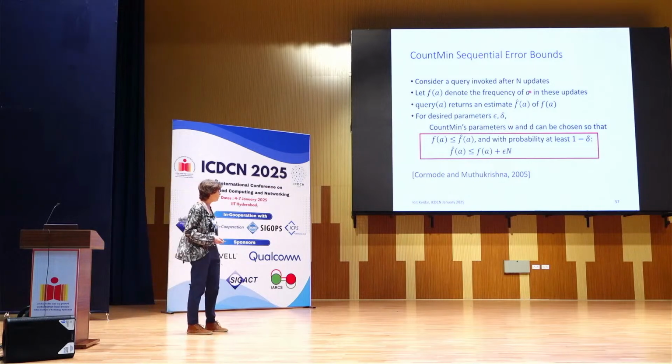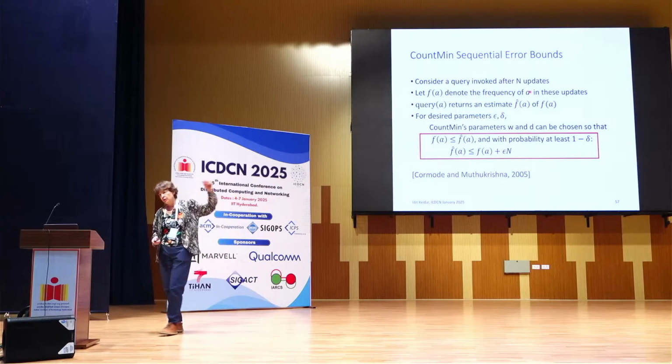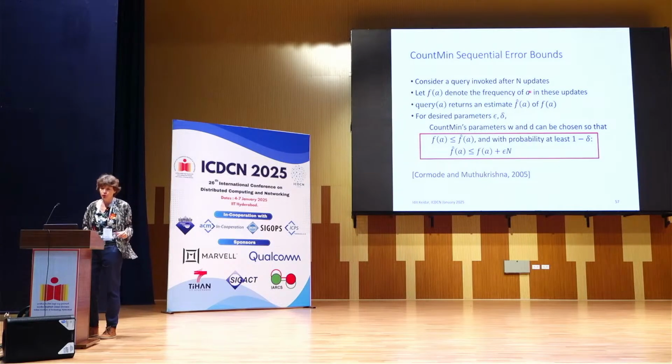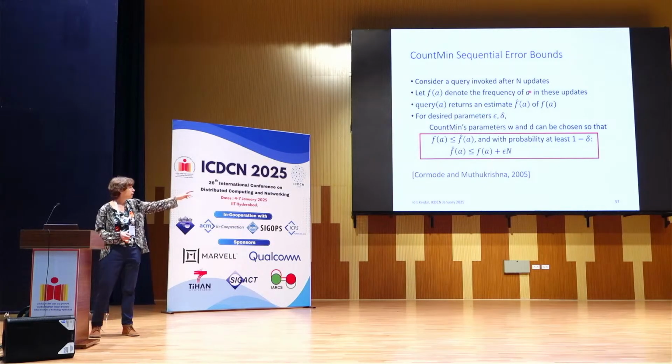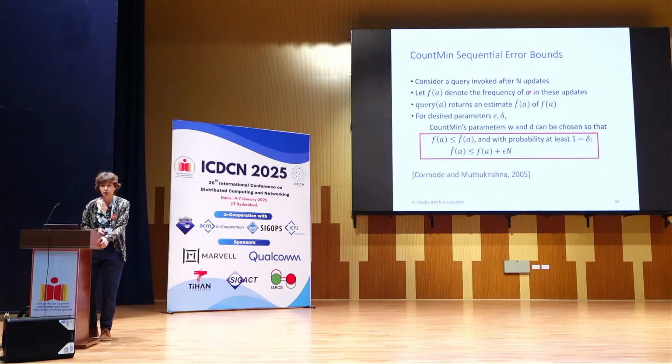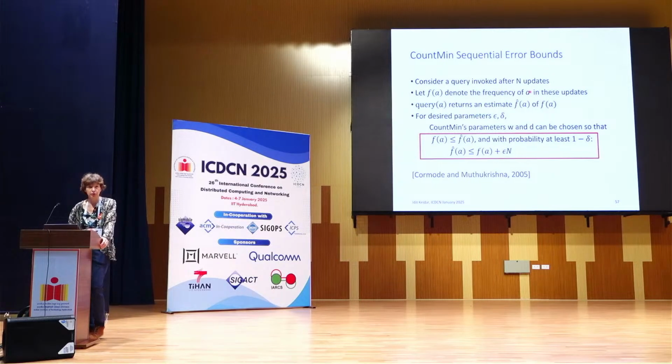The important thing is that f hat, the estimate, is never an undercount, and with probability at least 1 minus delta, it overcounts by at most epsilon times n, where n is the size of the stream. That's the property of the sketch, and this sketch is widely used.